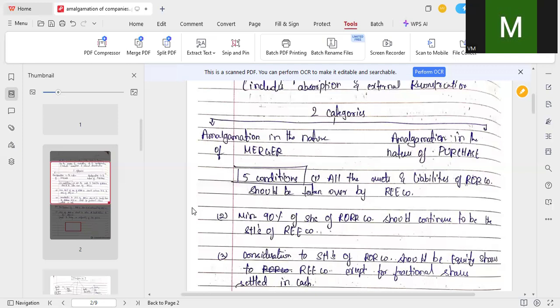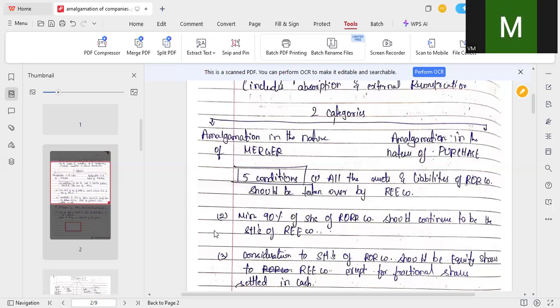If some shareholders do not want to get into the new company and this is not satisfied, it will not be called amalgamation in the nature of merger. So the 90% condition must be satisfied by the transferor company.